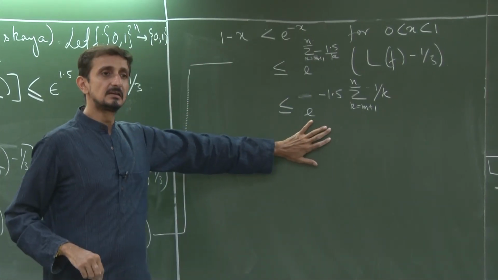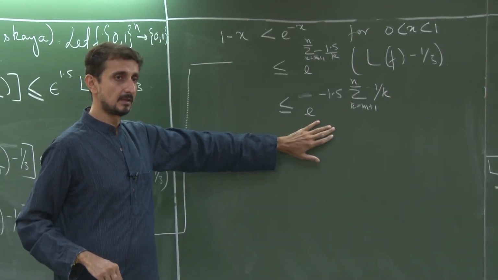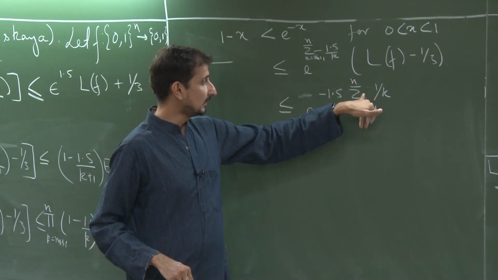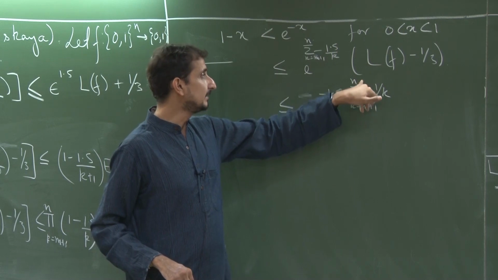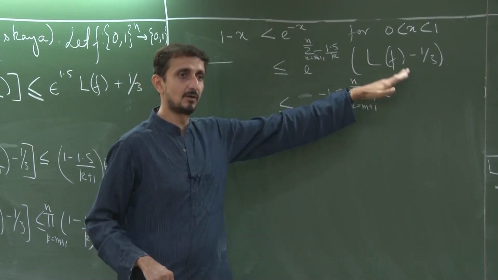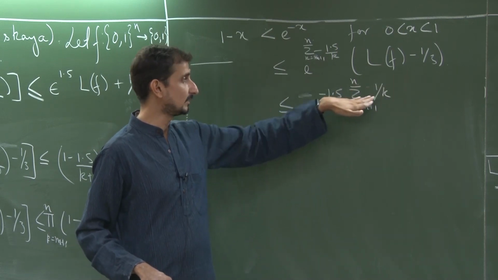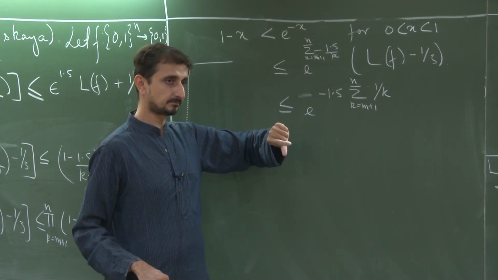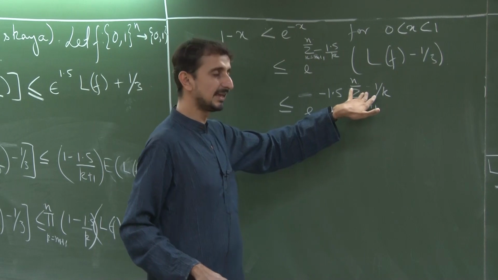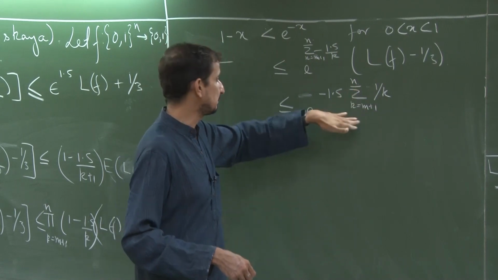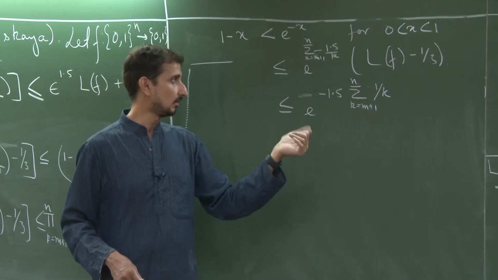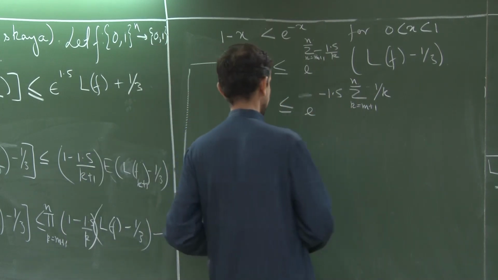So, what does this turn out to be? Note that I can write this as sigma n minus sigma m of 1 over k. And what is e to the power sigma 1 over k? One upper bound on sigma 1 over k is that it is ln of n, right.